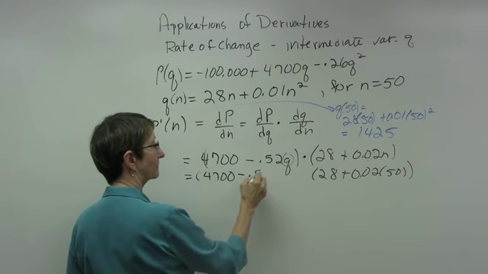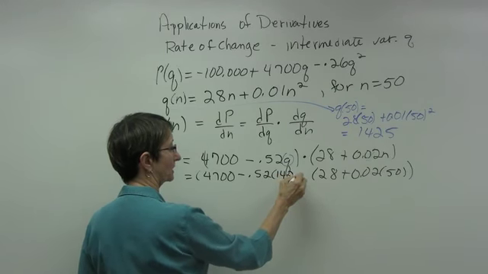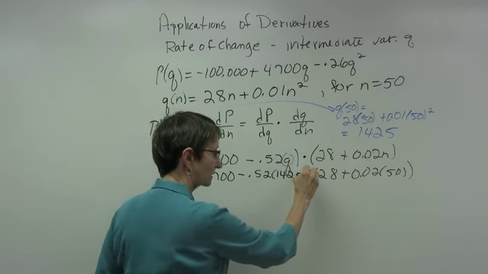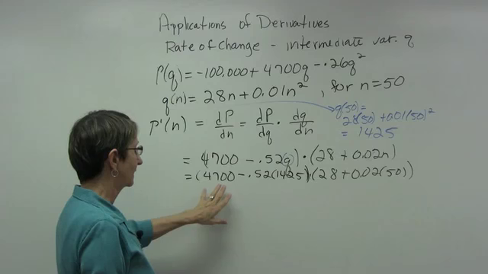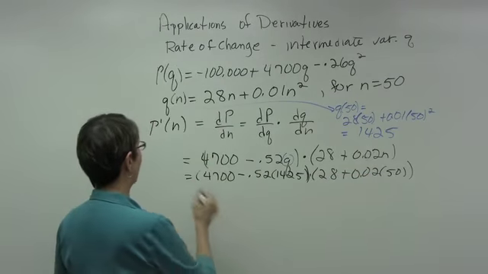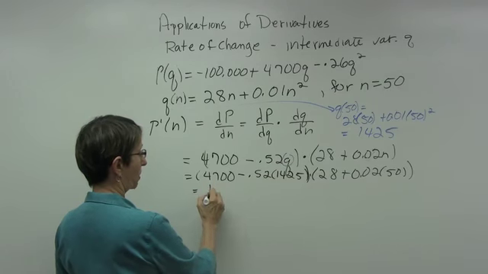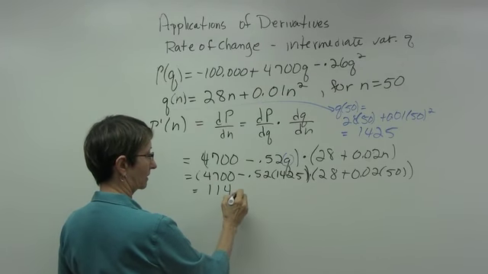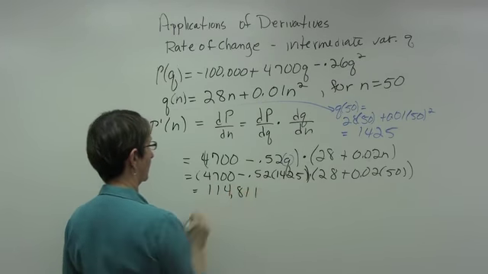4,700 minus 0.52 times 1425. Oops, another parenthesis. Multiply, subtract, multiply and add over here, and I end up with 114,811.